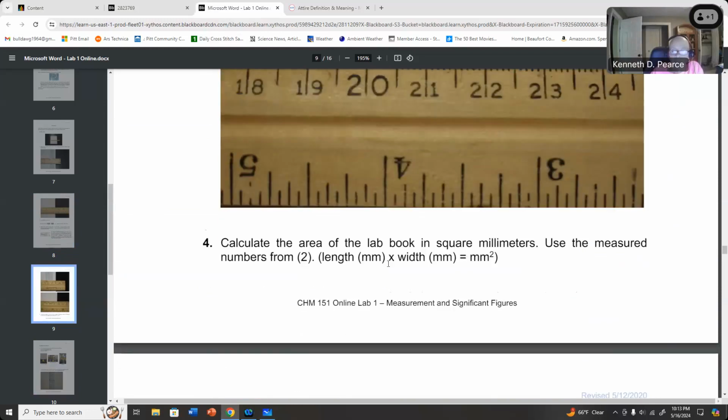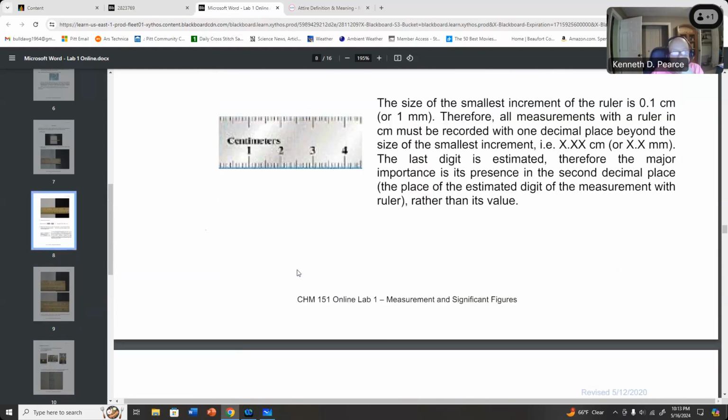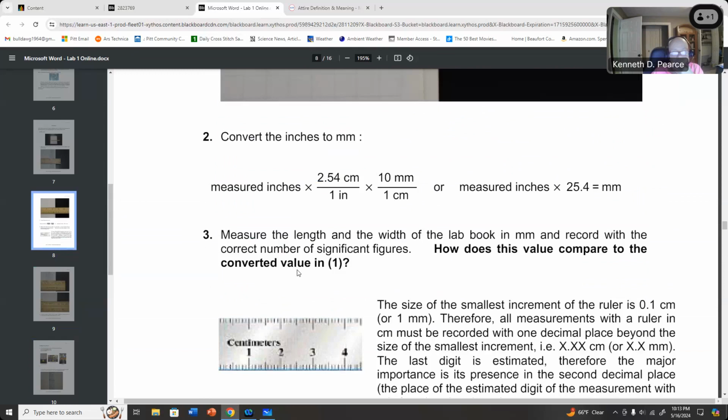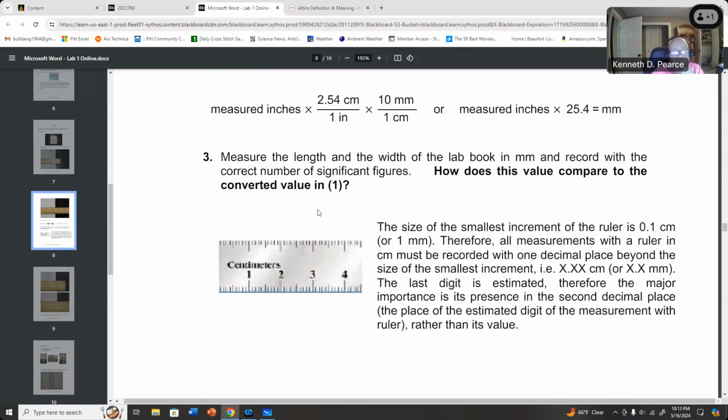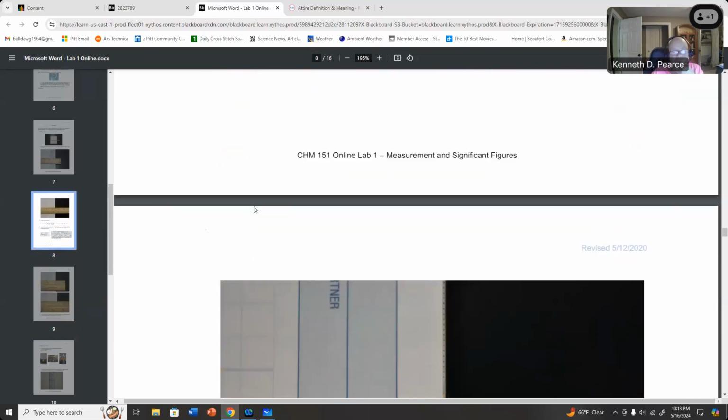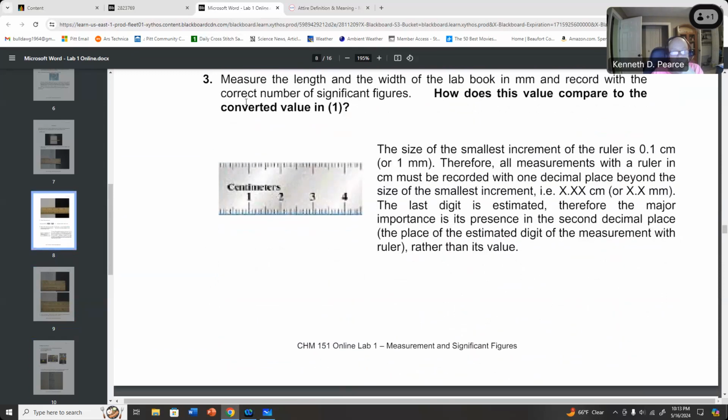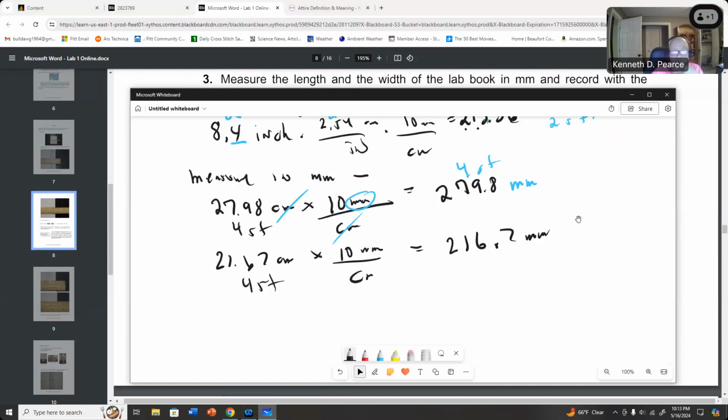Do we really want to use 2, or should we be using 3? Oh, number 3. Well, how do these values compare? That's what it's asking. So let's not get ahead of ourselves. It says, how does this value compare to the converted value in number 1? How do they compare?